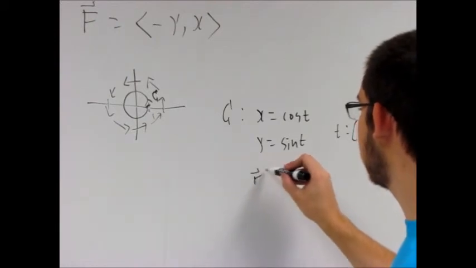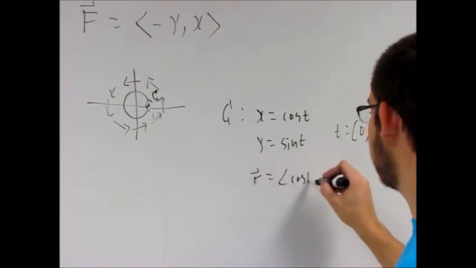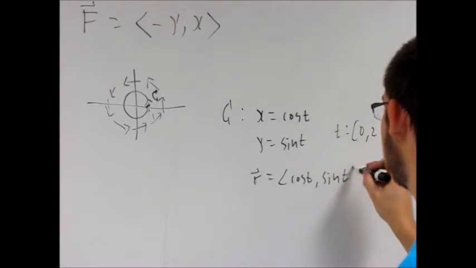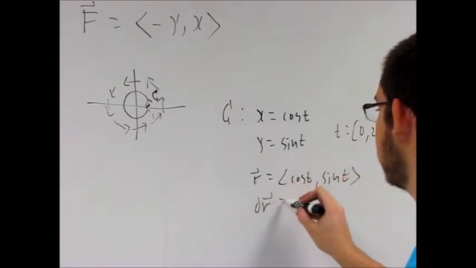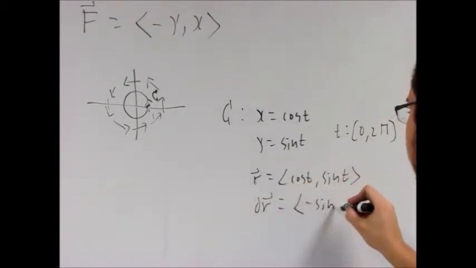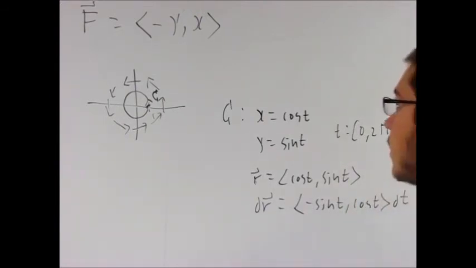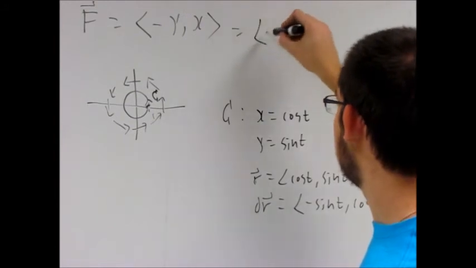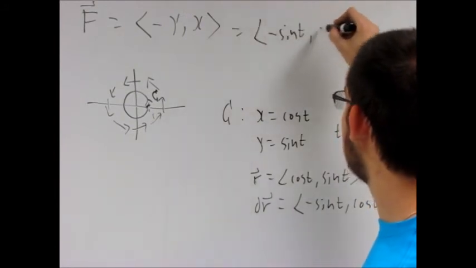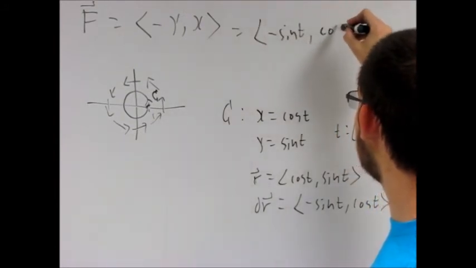And r is cosine t, sine t, dr is negative sine t, cosine t dt. And f is negative sine t, cosine t.